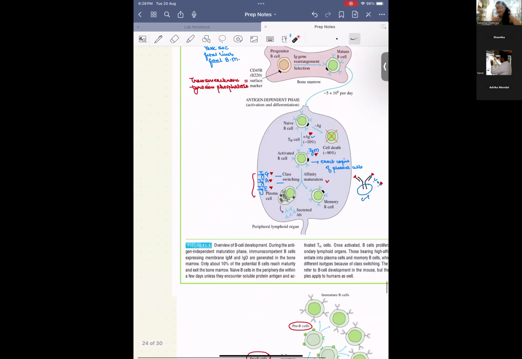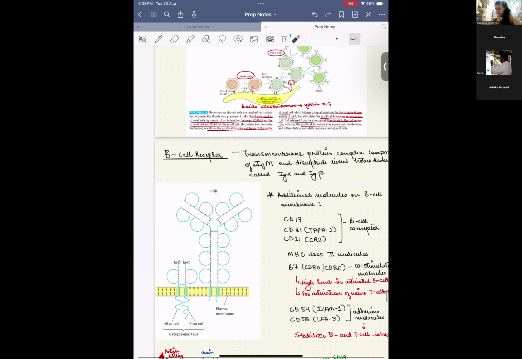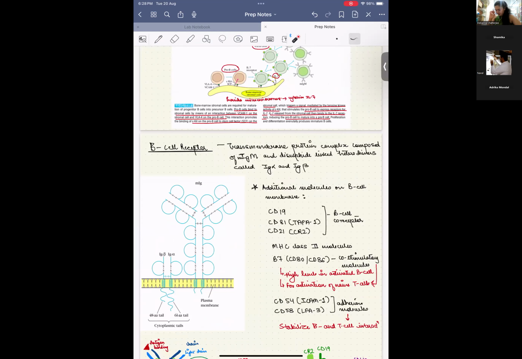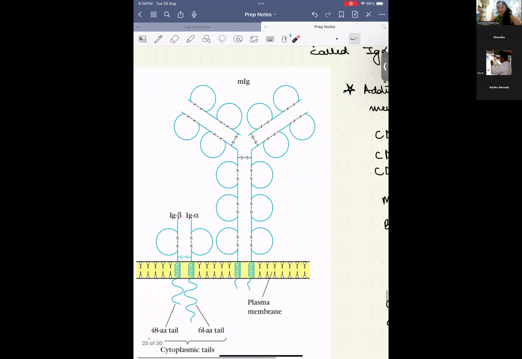Now, what exactly is the function of this B cell receptor? We'll look into that part. If you look here, these Ig beta and alpha molecules are present in very close association with this antibody molecule.